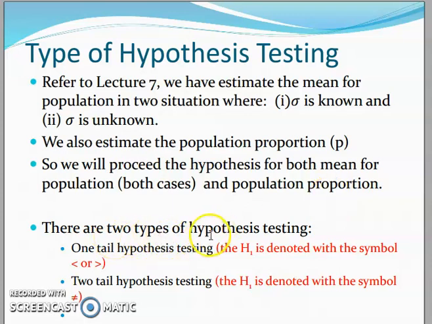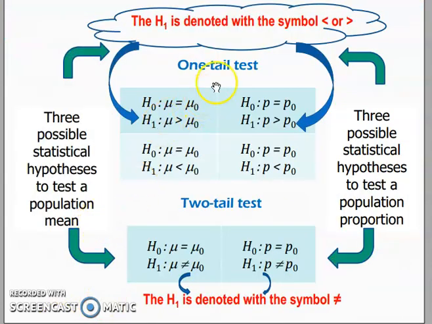There are two types of hypothesis testing, one-tail hypothesis testing and two-tail hypothesis testing. One-tail refers to H1 denoted with the symbol less than or larger than, and two-tail hypothesis refers to H1 denoted with the symbol not equal to.